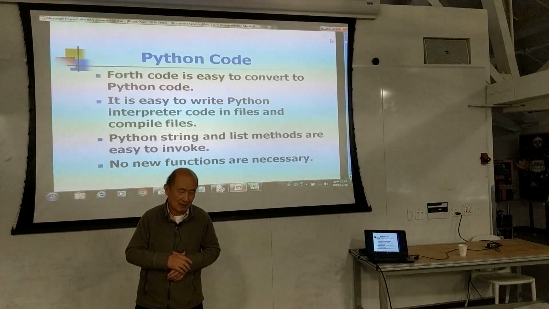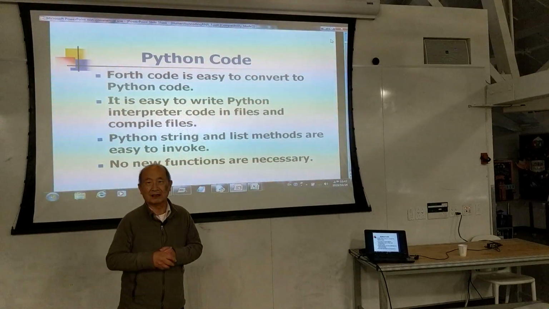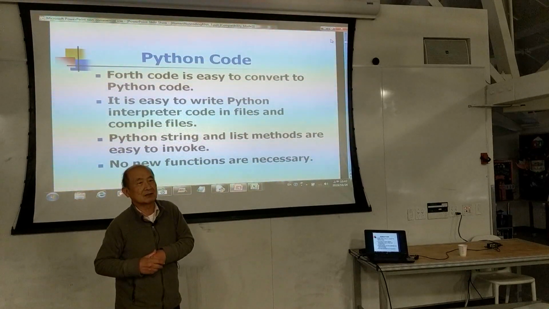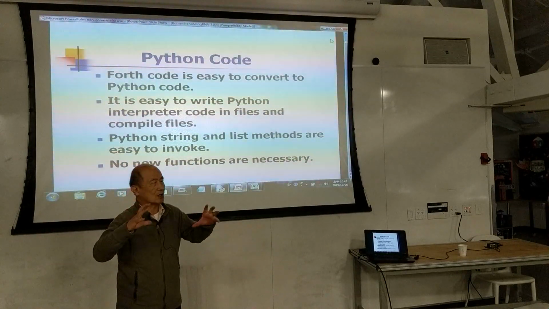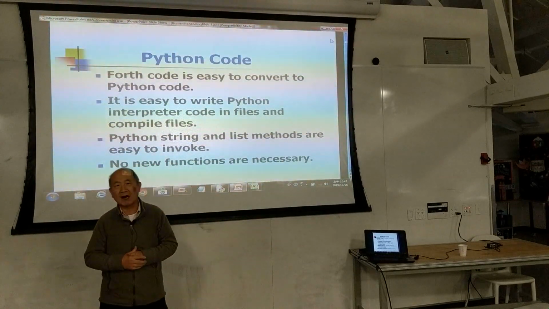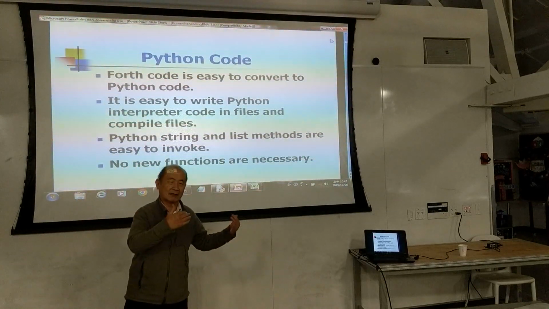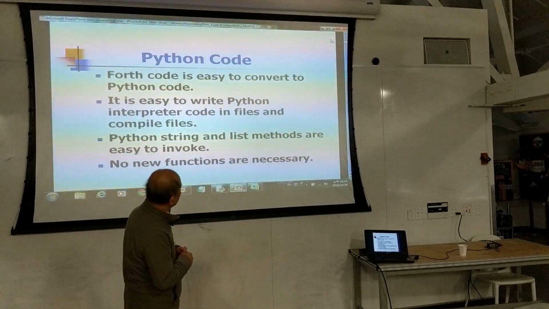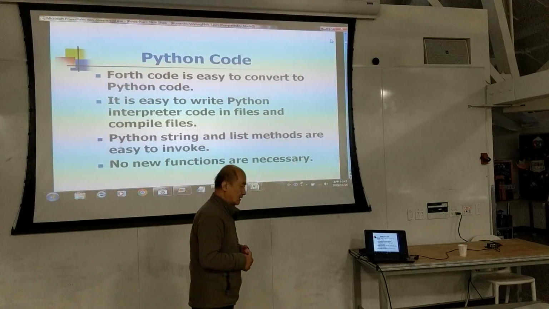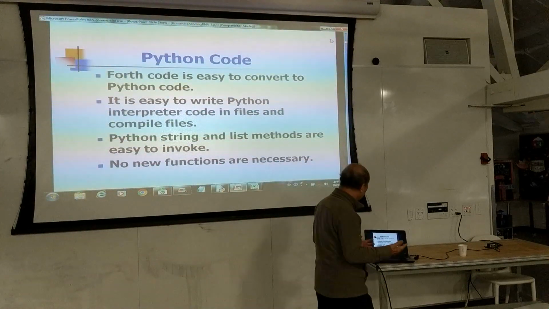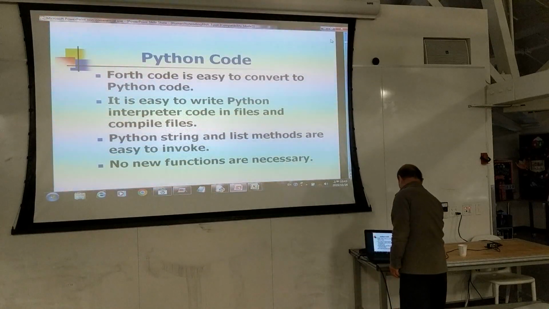So write small chunks of code in files, and then you can load many files from another file. And so this makes it almost unnecessary to define new functions, because most of the functions are methods, and you just invoke the method.